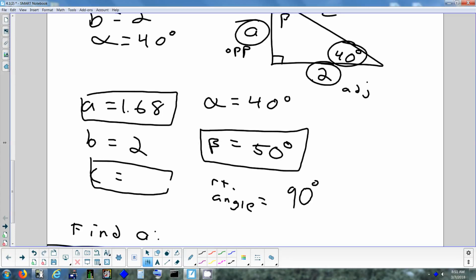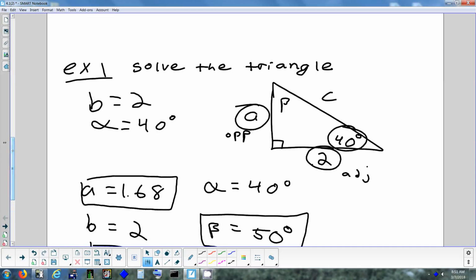So we're going to find C the same way we found A. Take the angle that was given, the side that was given, and now circle the side you want to find. So focus on what's in red this time. We already know 2 is adjacent. What's the name of side C? That's the hypotenuse. Now we're setting up an equation that involves what we know, the adjacent, and what we want to know, the hypotenuse.